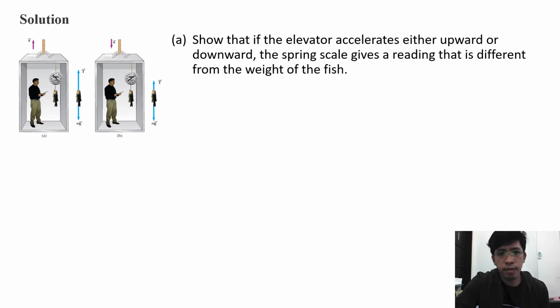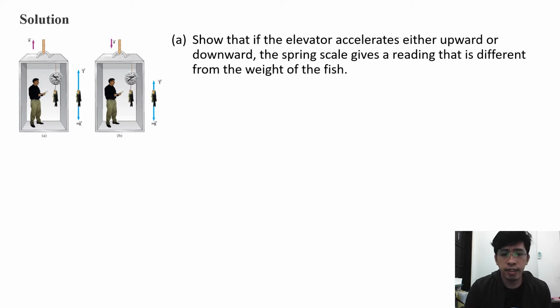For the first problem, show that if the elevator accelerates either upward or downward, the spring scale gives a reading that is different from the weight of the fish. For solving this one, again, our first strategy is always to draw the free body diagram of the system.